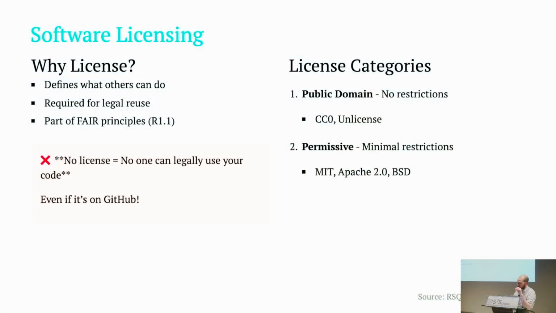Then you have the permissive category, like the MIT license or Apache 2, with very minimal restrictions. Usually you can do almost everything you want. Sometimes they require that you just cite the software, for example, if you use it.